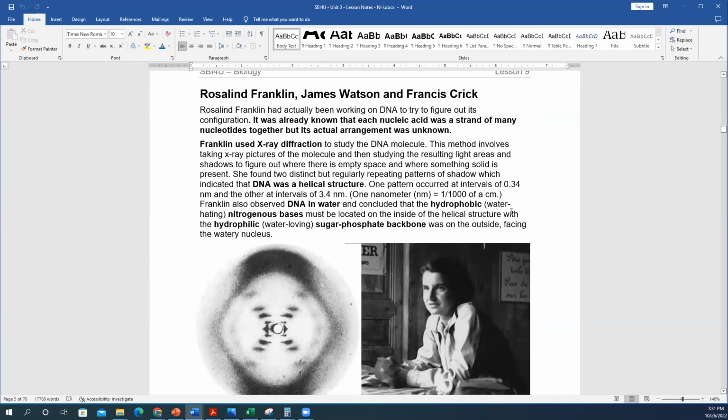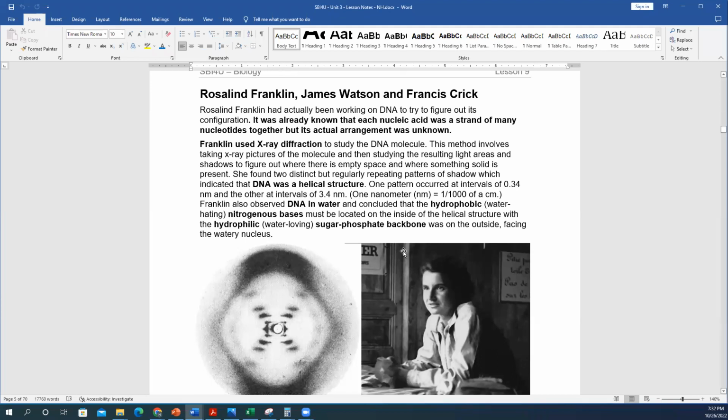Then the model of the DNA was built by Watson and Crick, which used Rosalind Franklin's very important X-ray crystallographic experiments, the X-ray diffraction patterns of DNA that she collected and analyzed, and was able to determine that there was a certain rhythm and repeatability to this structure.